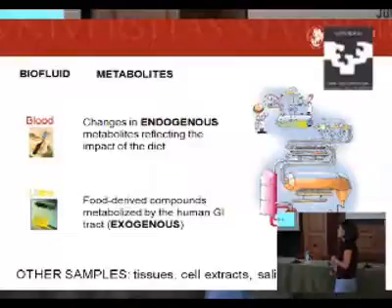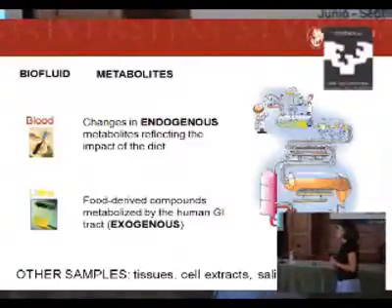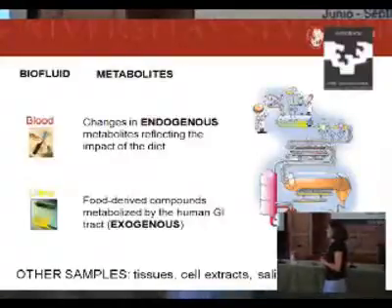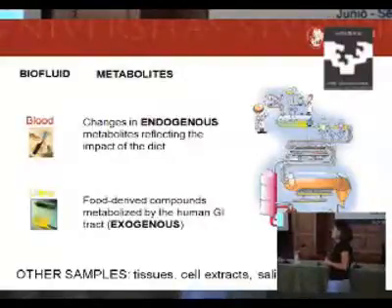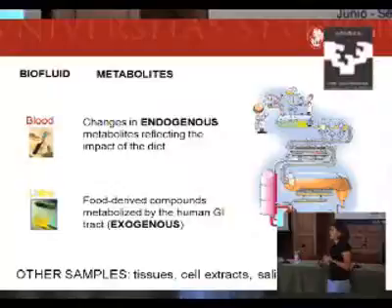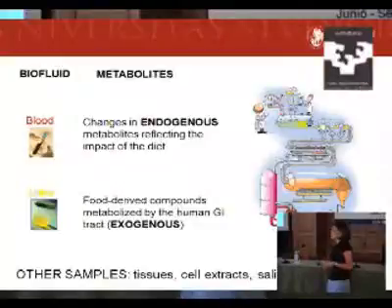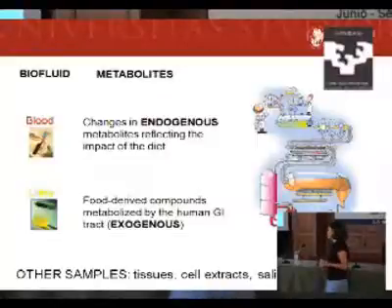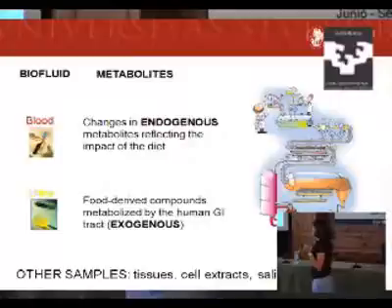Blood gives us more idea of the changes in endogenous metabolites, reflecting the impact of our intervention, while urine is more related to the exogenous components of the diet that are, of course, metabolized by our human tract while coming through the body.